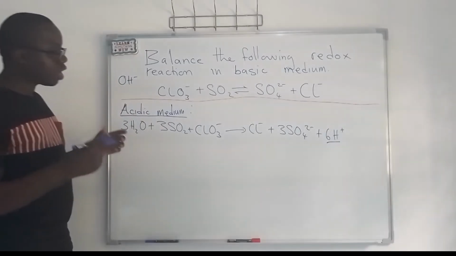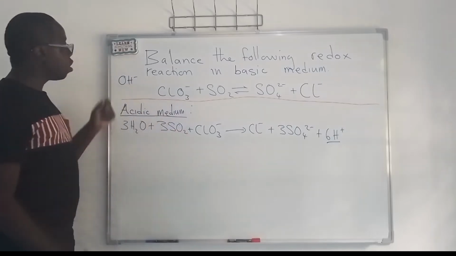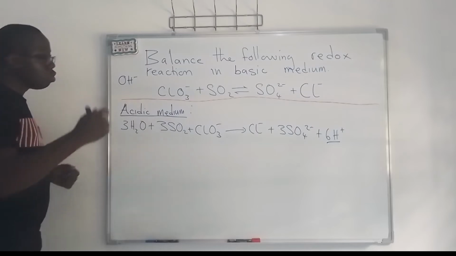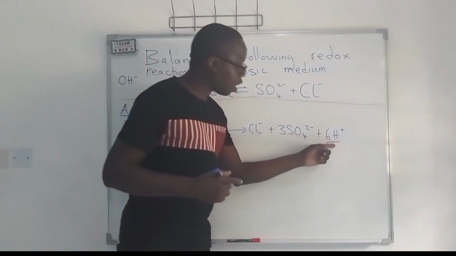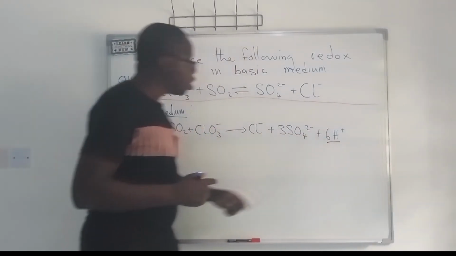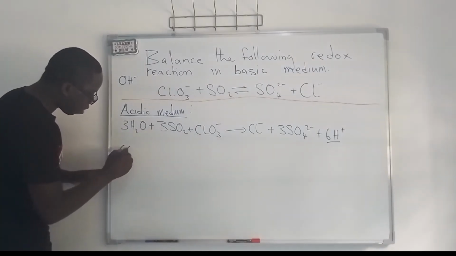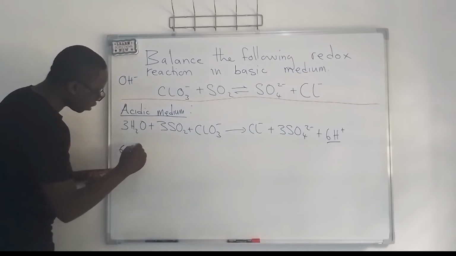So on both sides, the OH negative ion will be introduced. We have 6 hydrogen ions, so we'll introduce 6 OH ions on the reactants.